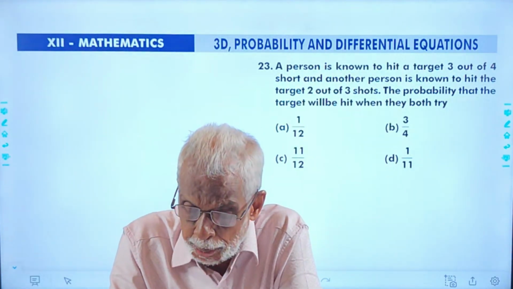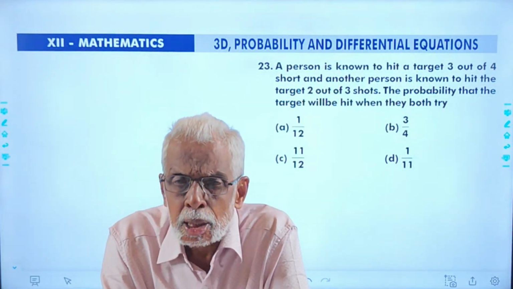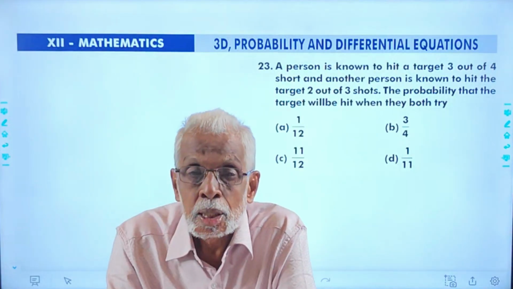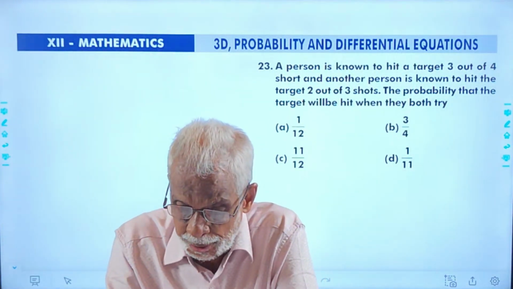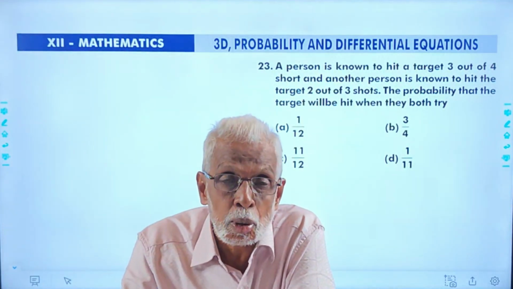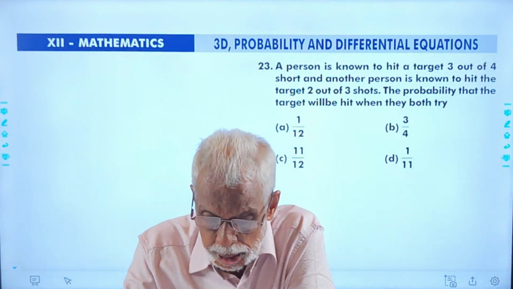Then probability of A bar is 1 by 4, and probability of B bar is 1 minus 2 by 3, which is 1 by 3. Then the required probability is 1 minus probability of complement of A intersection complement of B, which gives 1 minus 1 by 4 into 1 by 3, which is 1 minus 1 by 12, is 11 by 12. The correct choice is C.